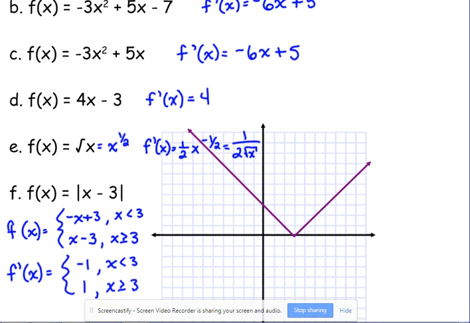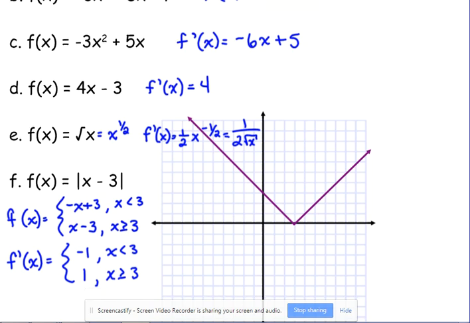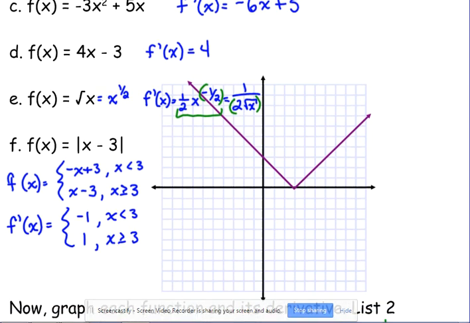And then I wanted you to become familiar with the square root function if you weren't already, and what its derivative looks like when that square root's in the bottom. Hopefully you put parentheses around this in the denominator if you typed it in that way. You could avoid the parentheses if you use the exponential form, but you would have to put parentheses around the negative 1/2. And the neat thing about the absolute value is this is what its derivative looks like.